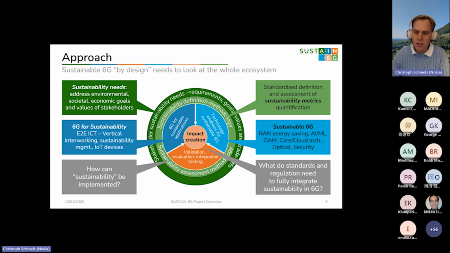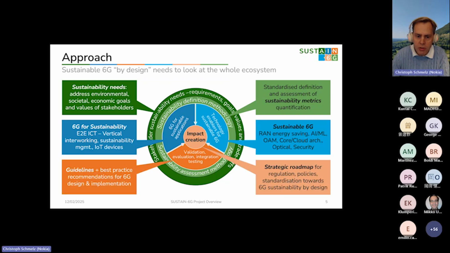Then for sure we look at the more technical perspective in both areas. So on the vertical side, but also in the communication network side. Just giving a couple of examples where we will be looking at from a technical point of view, from the technical core of the project. In terms of the outcome, so the validation, the evaluation, but also in terms of the impact creation, there are 2 parts.